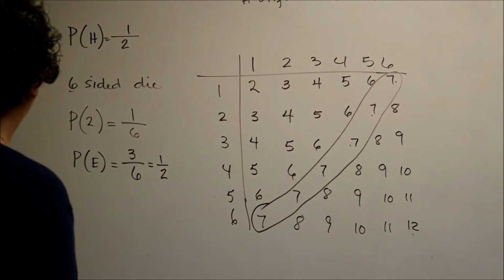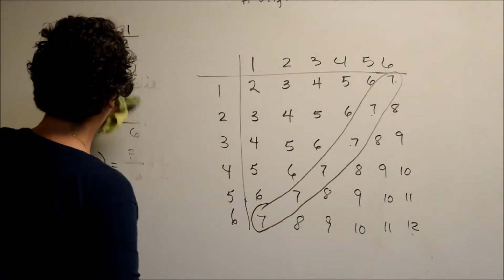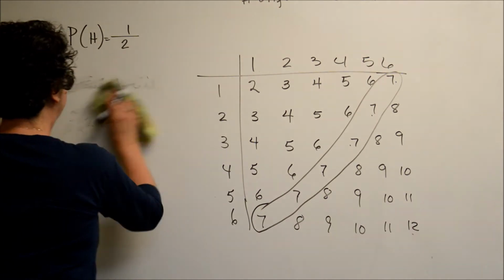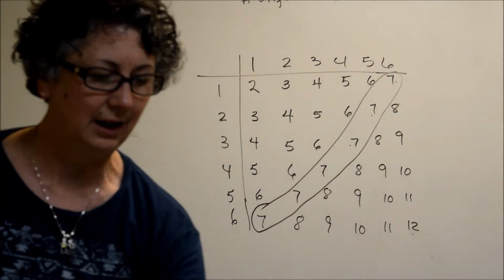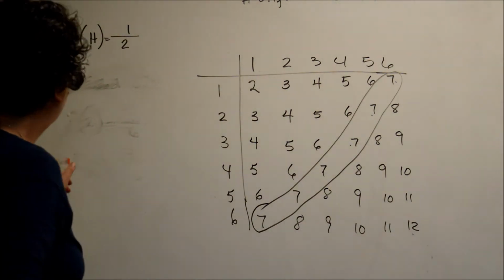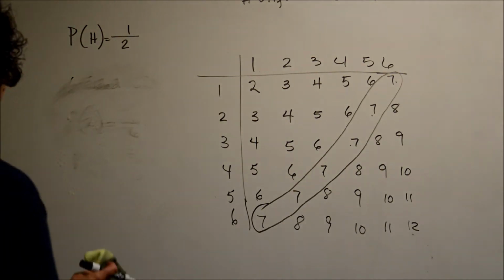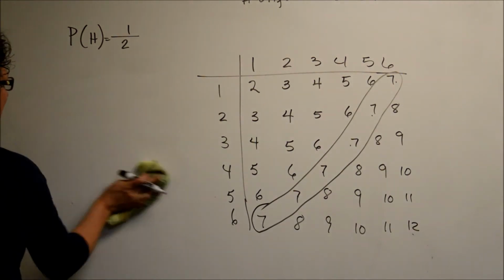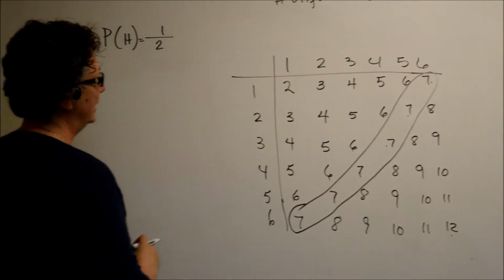6 desired out of how many possible? I'll let you count those up. Give you a second. It's 6 times 6, which is 36.